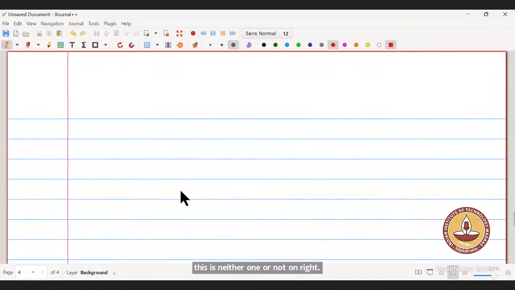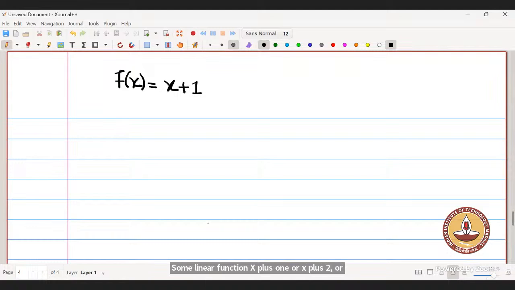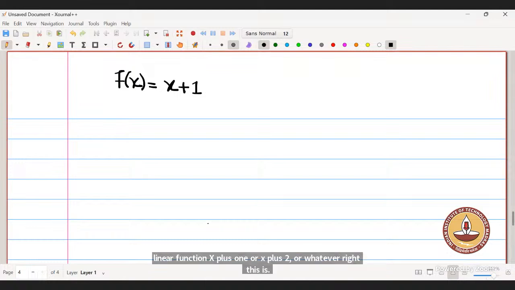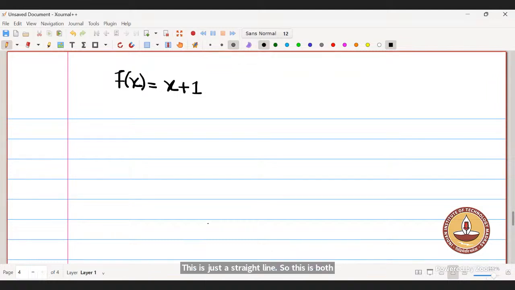So instead of that, if I consider some linear function, x plus 1 or x plus 2 or whatever, this is just a straight line. So this is both one-one and onto, right? If I consider this function from R to R.